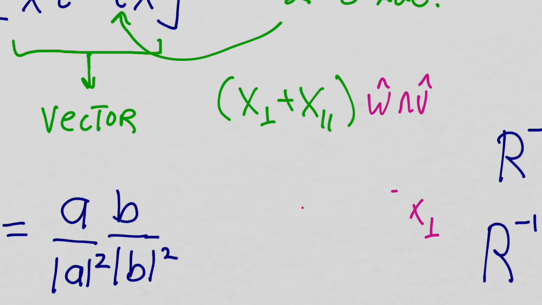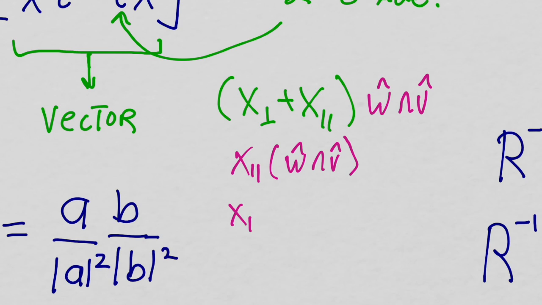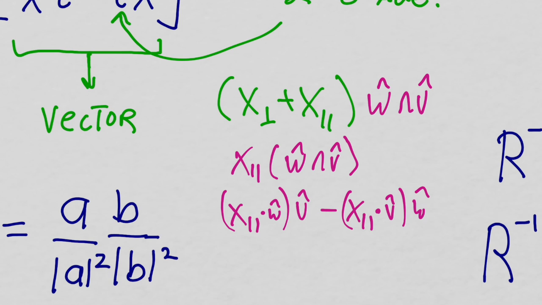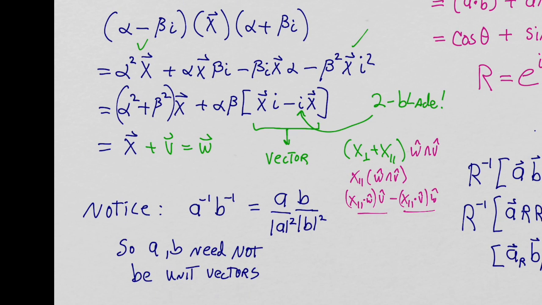And well, what is the contraction part of x parallel times geometric product W wedge V? Well, it's x parallel dot W hat V hat minus x parallel dot V hat W hat. Well, that's a vector minus a vector, so that's a vector. So this whole thing ends up being a vector. So you have a vector, this whole thing here we call the vector V, so you end up with a vector W.